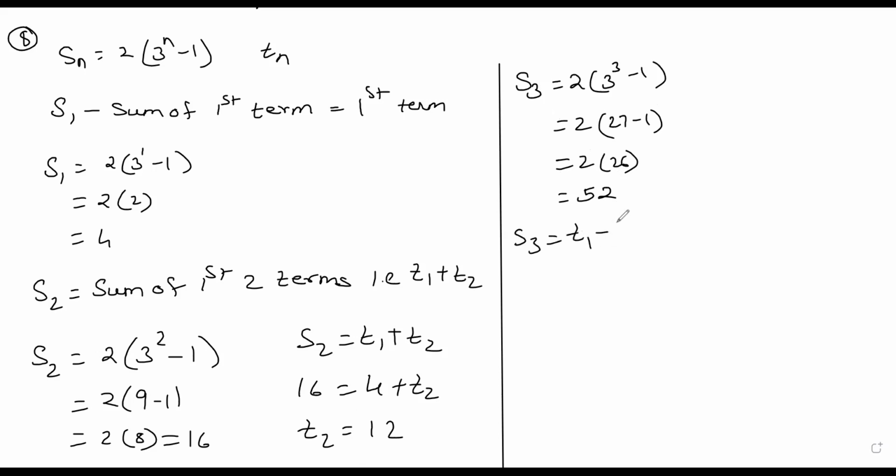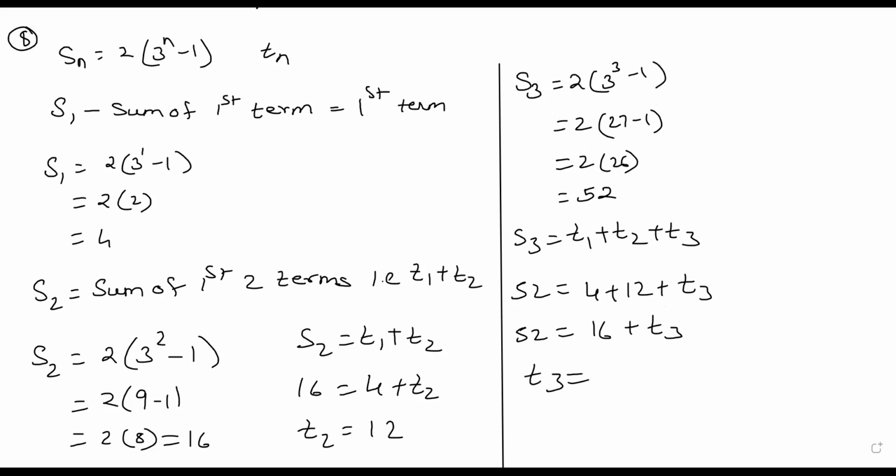S3 is T1 plus T2 plus T3. So 52 is 4 plus 12 plus T3. So 52 will be 16 plus T3. T3 will be 52 minus 16, which is 36.